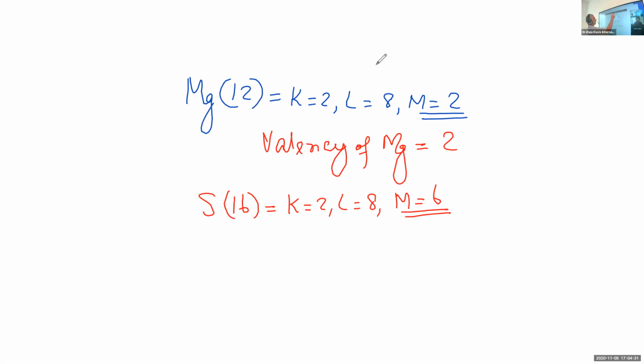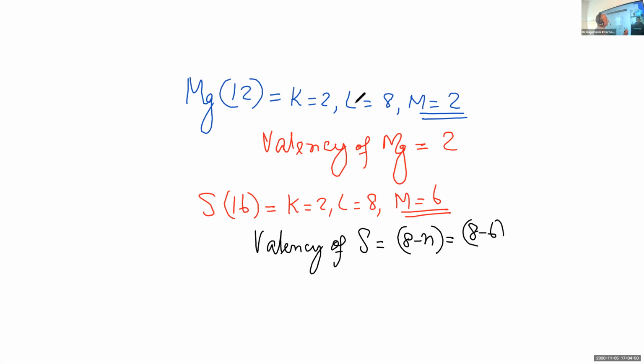Now, the valency of sulfur is equal to 2. The valency of sulfur is equal to 8 minus n, that is equal to 8 minus 6, and that is equal to 2.